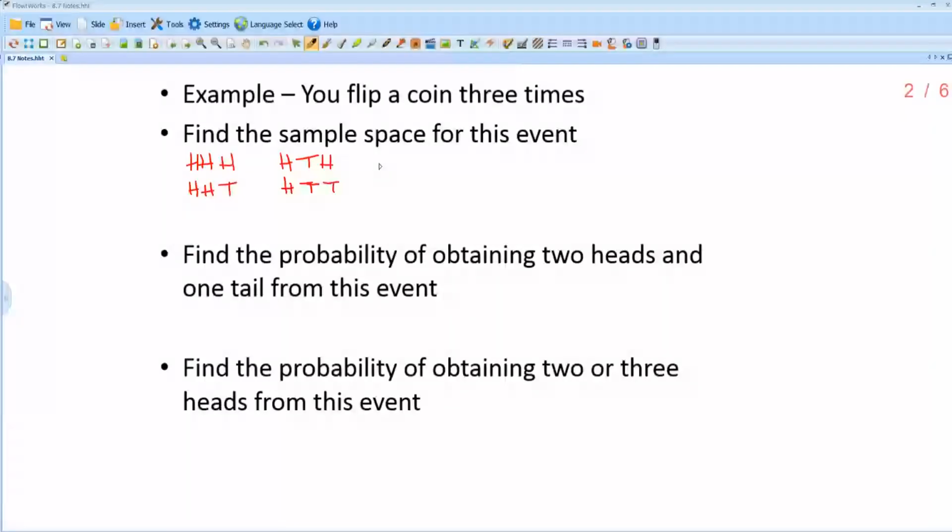Next, it's possible that I got tails, heads, heads, versus tails, heads, tails, tails, tails, tails, or tails, tails, heads. So these are my only 8 possibilities of what I can get flipping this coin 3 times that are all different possibilities. So this is the actual sample space. The sample space isn't 8. It's the actual list of the different things that can occur.